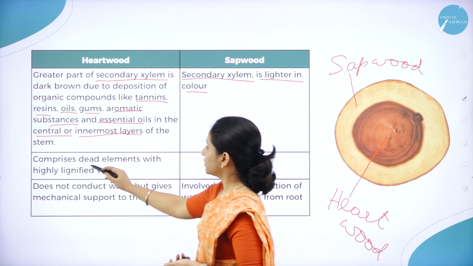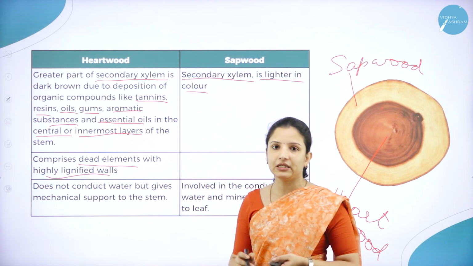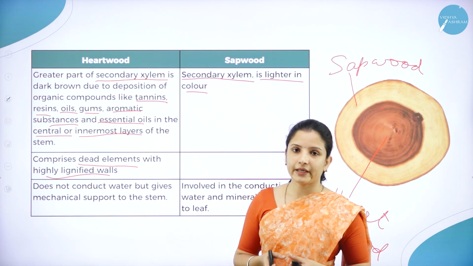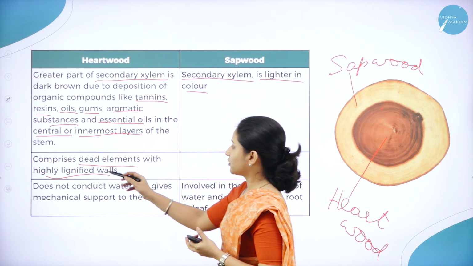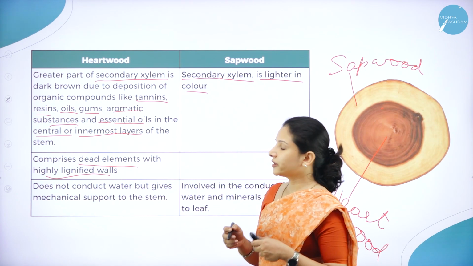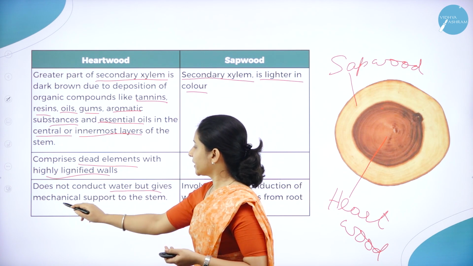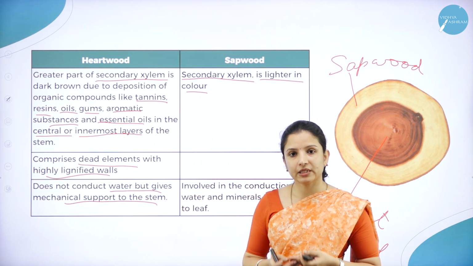Next, the heartwood is mainly made up of dead elements which have highly lignified walls. They contain a lot of sclerenchyma or dead elements in whose walls there is deposition of lignin. Therefore, it is called lignified walls, and the heartwood does not usually conduct water, but it gives mechanical support. Water will be conducted by the primary xylem.